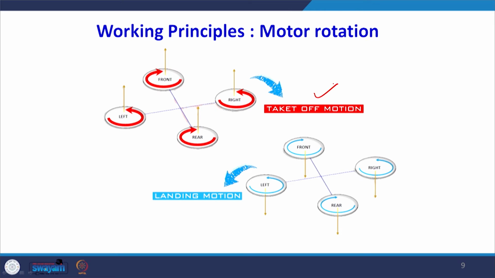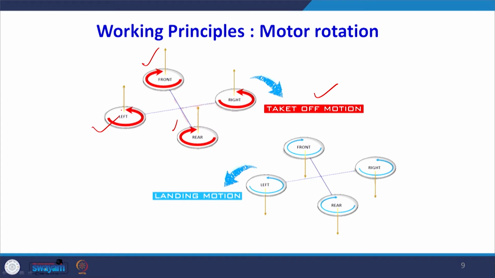When it is taking off, you can see the rear and the front wings are moving in the clockwise direction, but the left and the right side are moving in the anti-clockwise direction. So, two of the wings are moving in the clockwise direction and two of the wings are moving in the anti-clockwise direction, and this is controlled from the controller in hand at the ground receiving station.